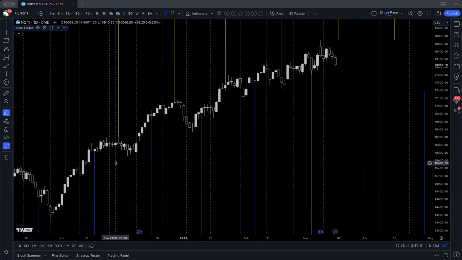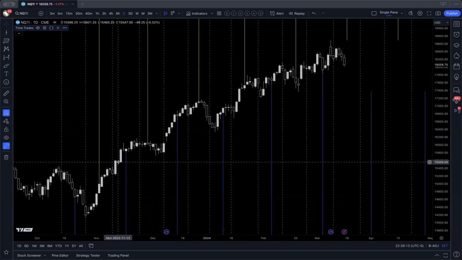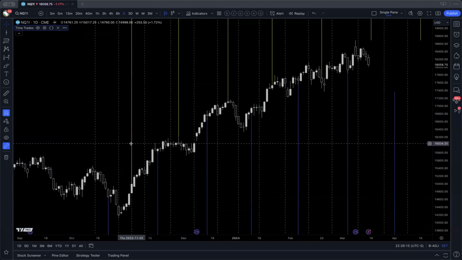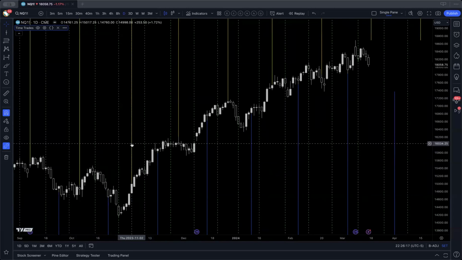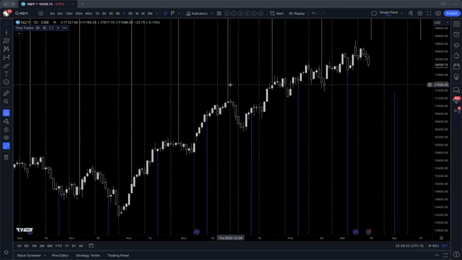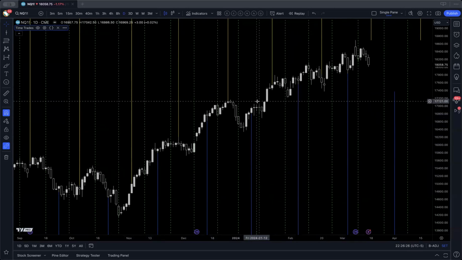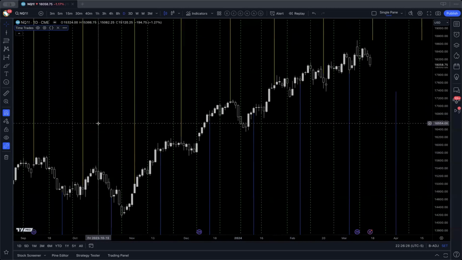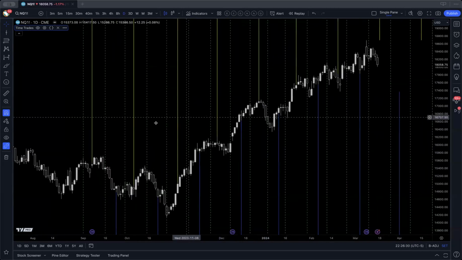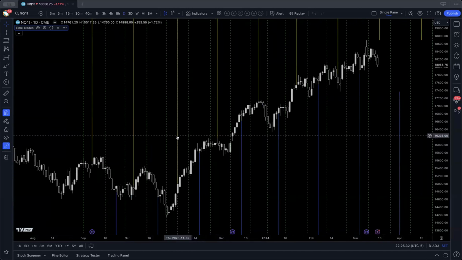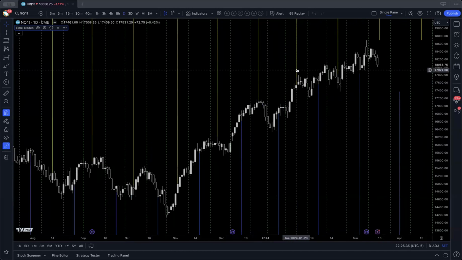Now, the default interpretation of these, and I stress default, is that yellow tends to align with highs, and blue tends to align with lows. Okay. And you can see how there's a shift in this recent trend from yellows being highs.